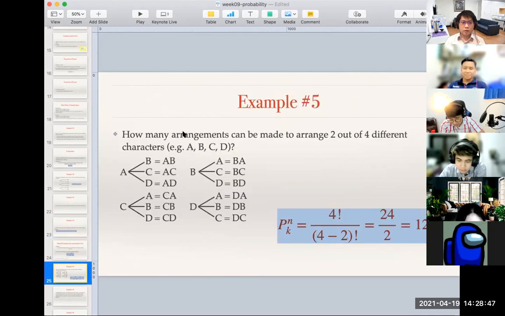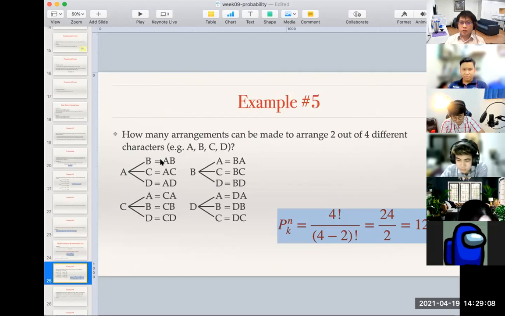Okay, so another example here. How many arrangements can be made to arrange 2 out of 4 different characters, such as A, B, C, D? Here we already have a partial permutation. So we have AB, AC, AD, then BA, BC, BD.